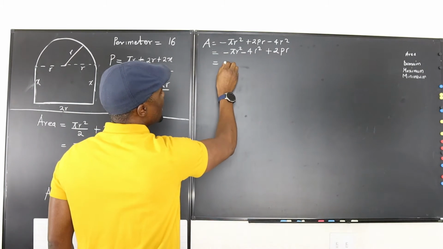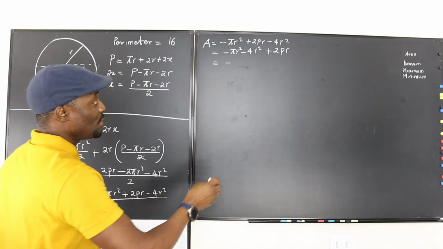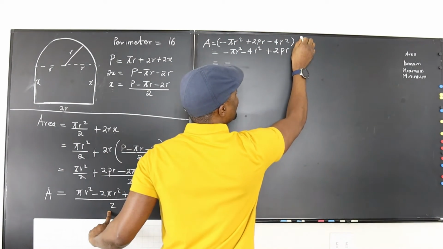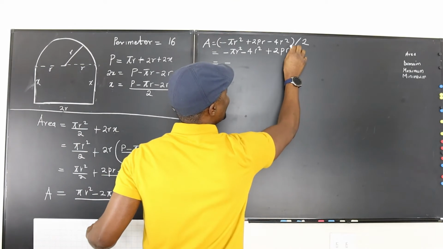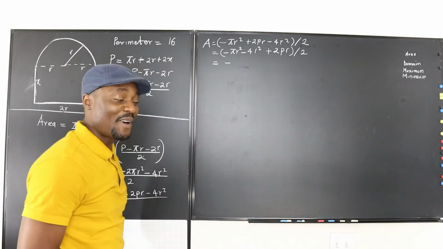R squared, so it's negative, oh, where's the 2? That's over 2. Come on, don't do that. Divided by 2. Okay, this is also divided by 2. I almost forgot about the 2.